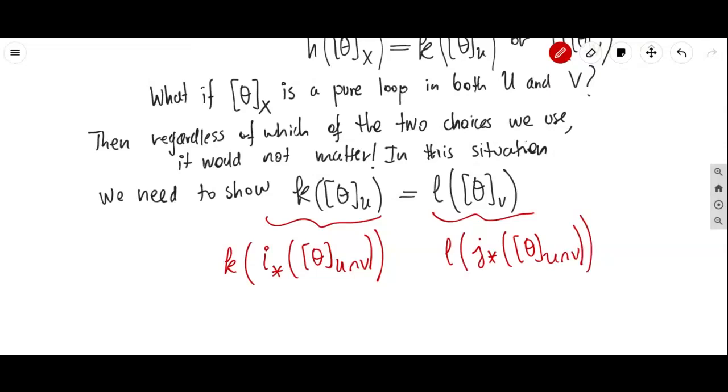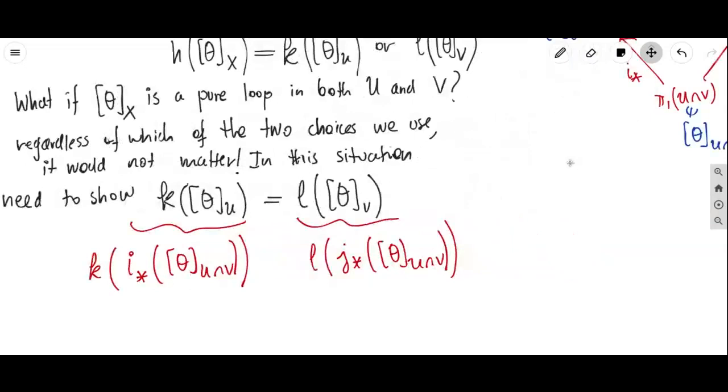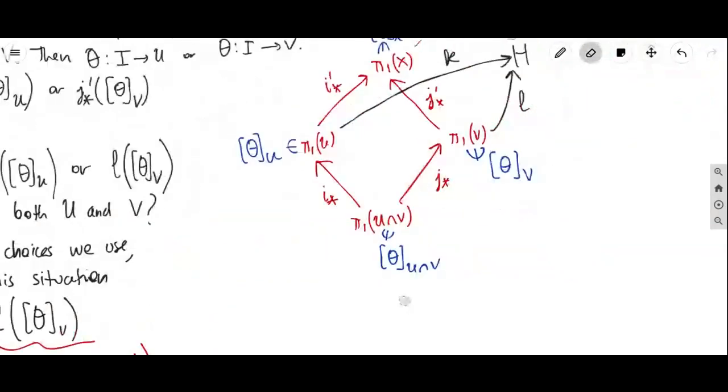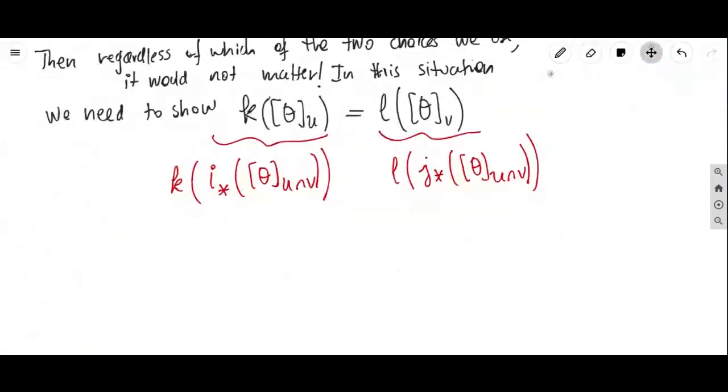So if it happens to be a pure loop in both of them, then that means you can find a homotopy class that maps to both of them by these two homomorphisms I star and J star. So then you can express this one using that one, and you can express this one using that one. So why do they give us the same answer?